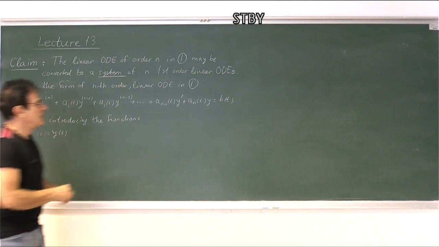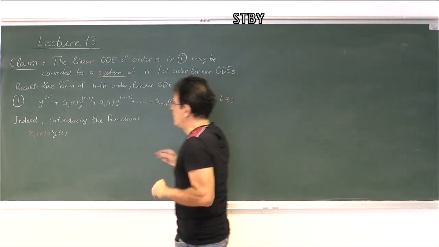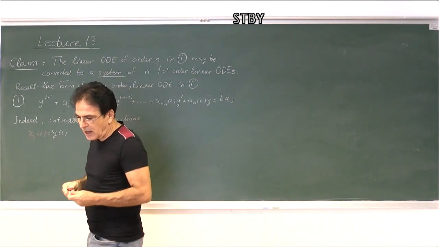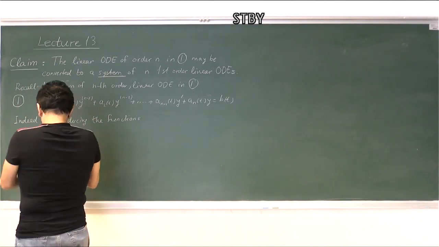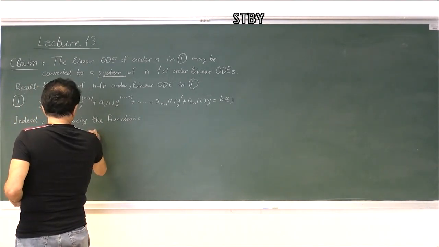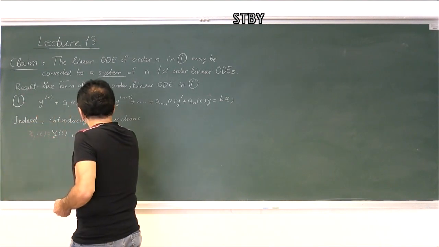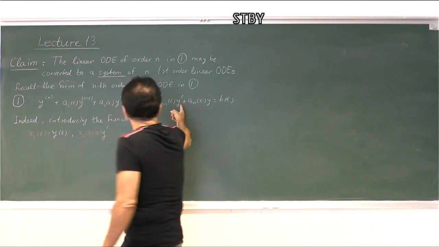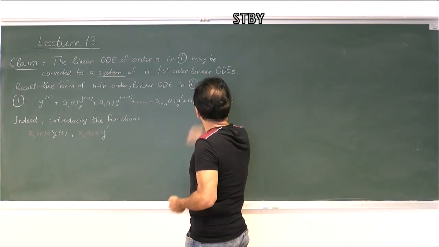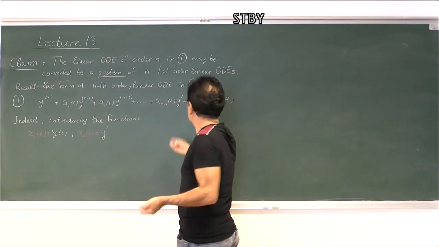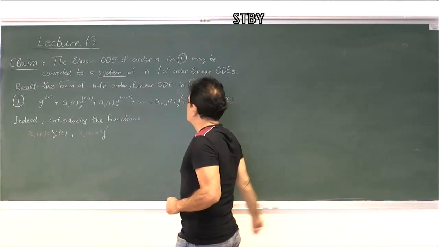So the solution y itself is denoted by x1 of t. And we introduce a function x2 of t, which is the derivative of the solution. So we denote y as x1, and we then denote y prime as x2.